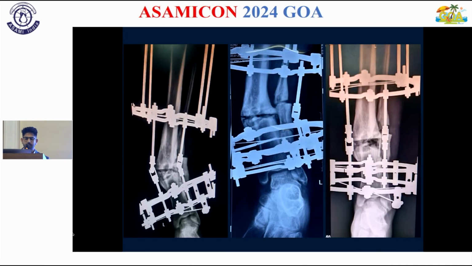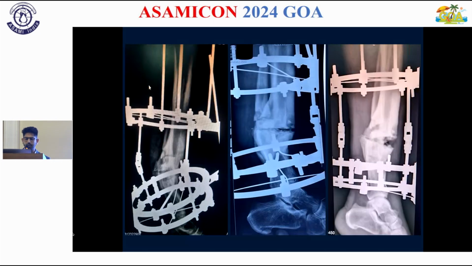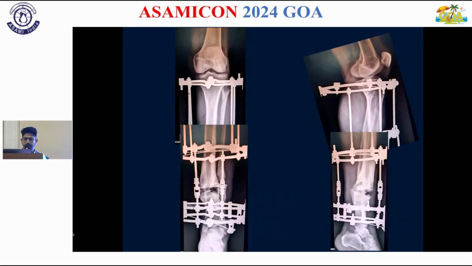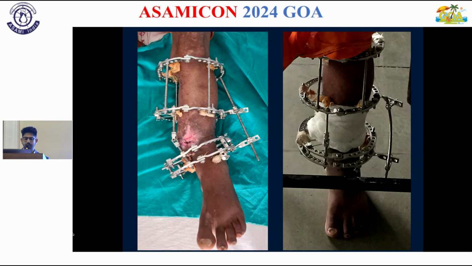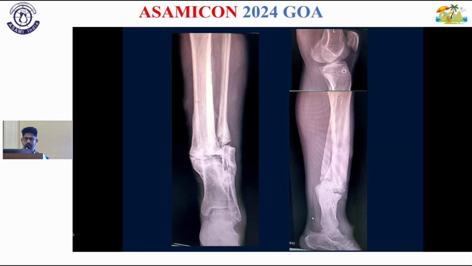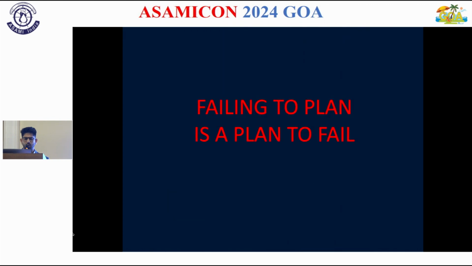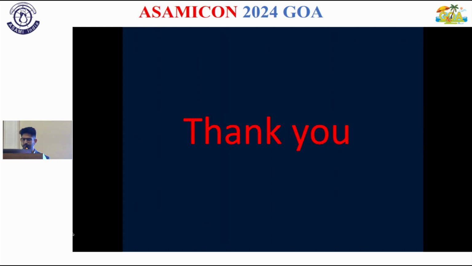The correction of the deformity will take place in AP, and also in the lateral side. With time, it shows correction. What is important in deformity planning or deformity correction is planning. If we fail to plan, we plan to fail. Okay, thank you.